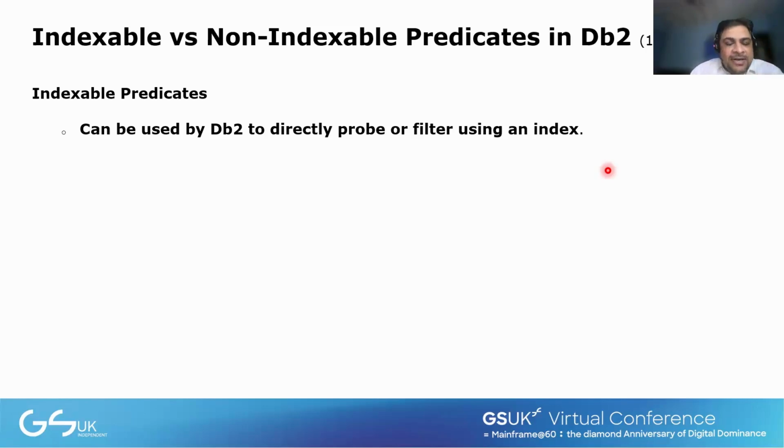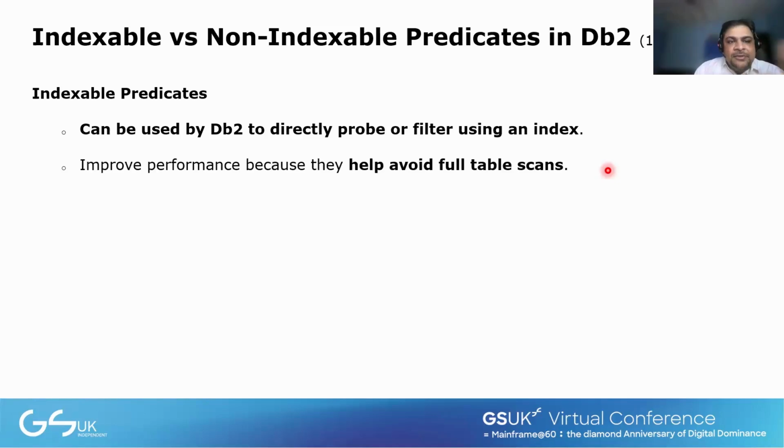If the predicate is not indexable, although the column could be from an index, it will not be allowed. So that is very important to understand. If you have an indexable predicate, it will improve the performance. So, I mean, the basic point is if the predicate is indexable, it is good. It will perform better than non-indexable predicates. So first priority is indexable predicates. We don't want non-indexable predicates.